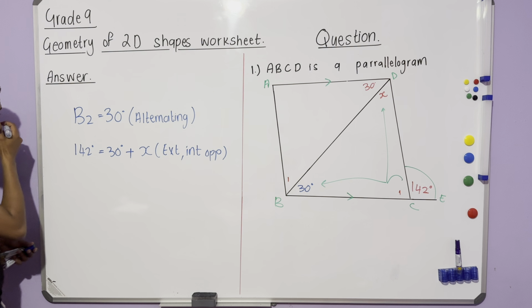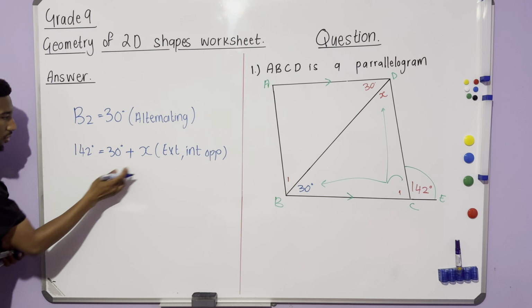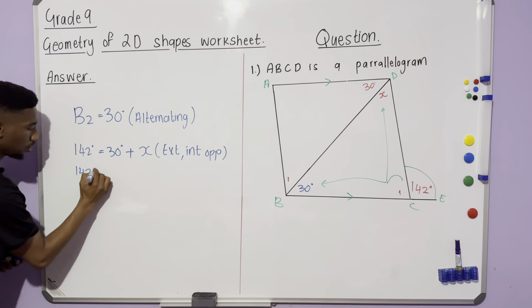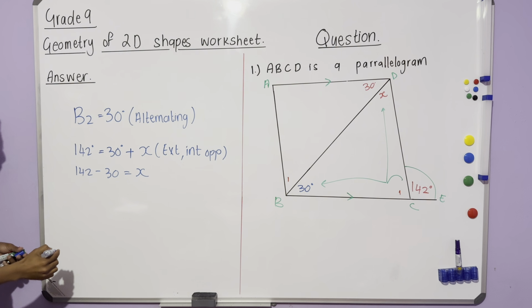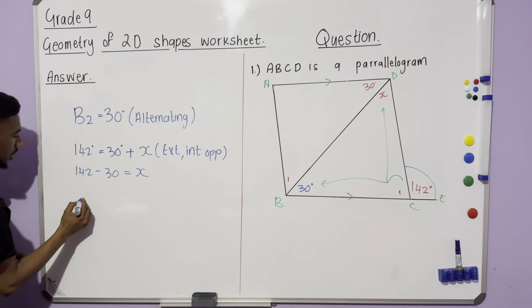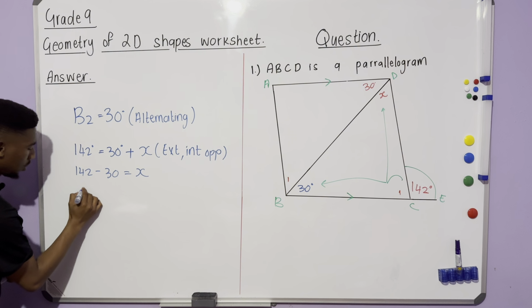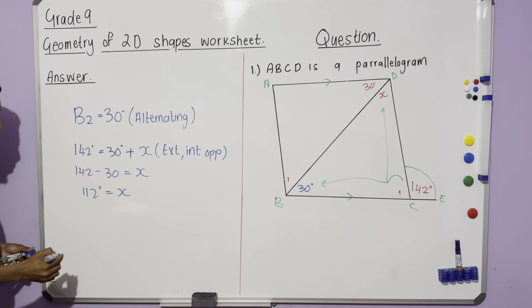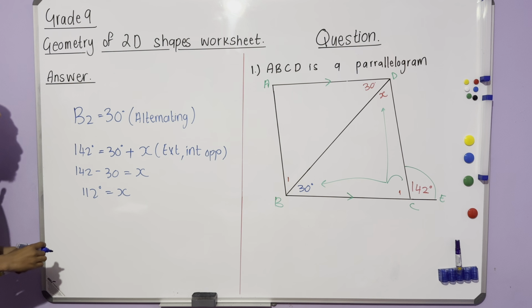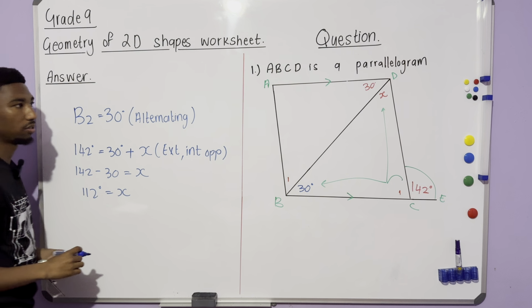Okay, once you have that, you can then solve for x and say 142 minus 30 is equal to x. And from this, you can simply see that 112 degrees is equal to x, or x is equal to 112.